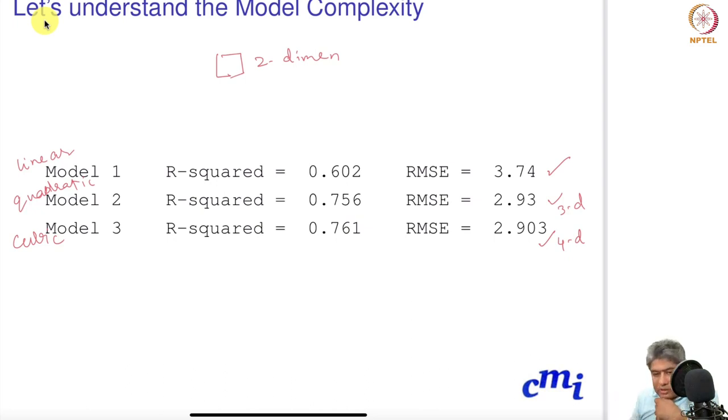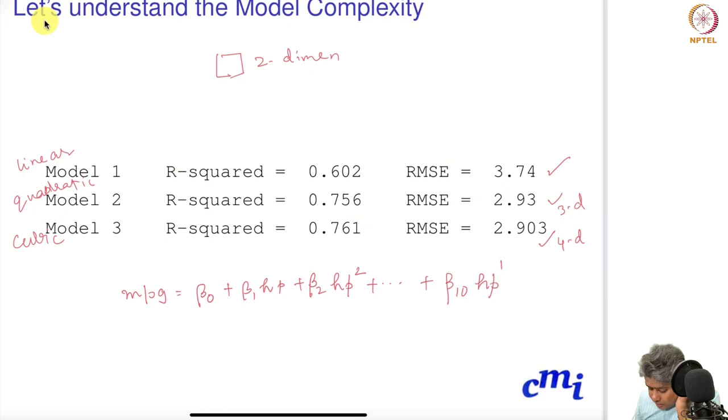Now you can ask, why do I need to stop at 3? I can go up to as many as possible. I can develop a polynomial model of order 10: beta 1 horsepower plus beta 2 horsepower squared plus dot dot dot plus beta 10 horsepower to the power 10 plus epsilon.